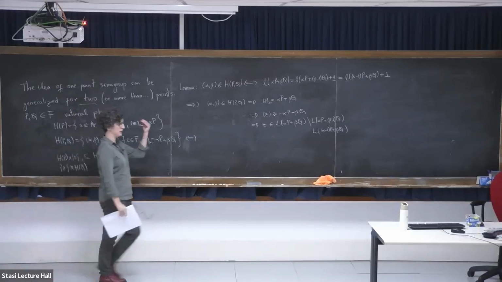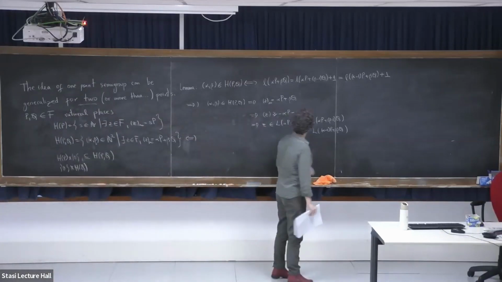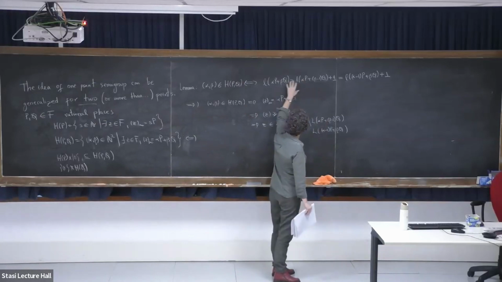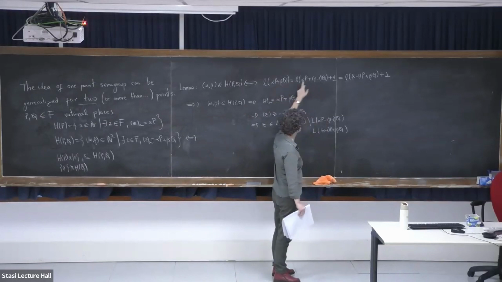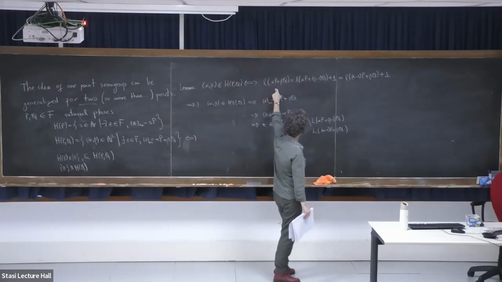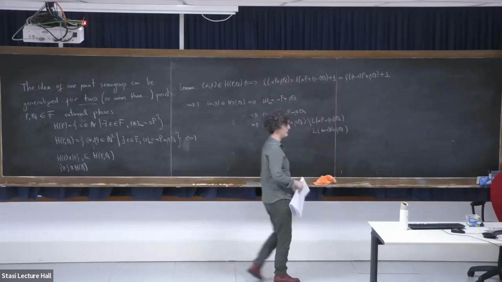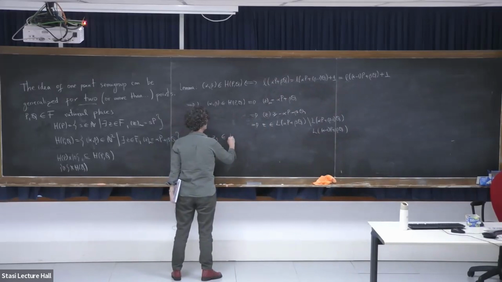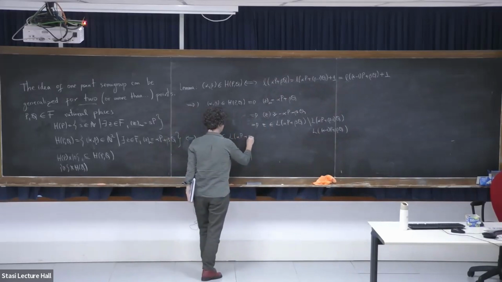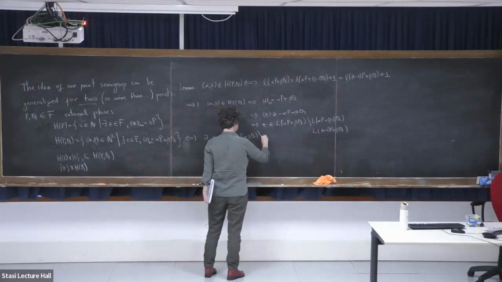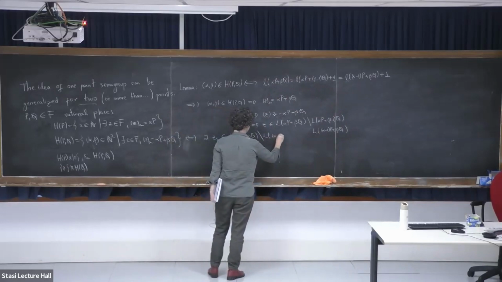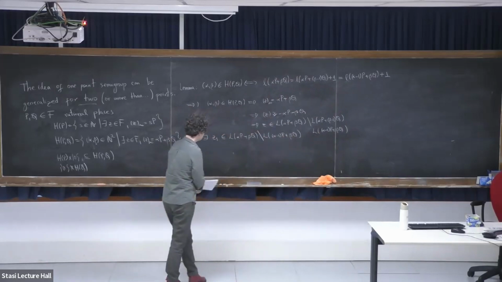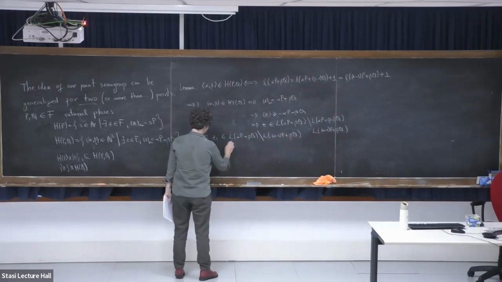How can you prove the other implication? We have that the dimension here is this one +1. So there is a function that is here and is not here. There is another function that is here, and it's not there. So there exists z1 that is in this space and not in this one.